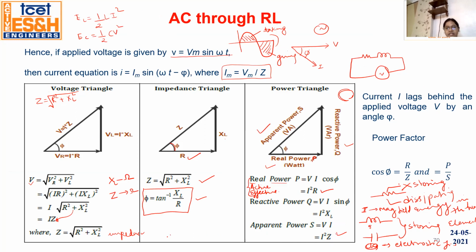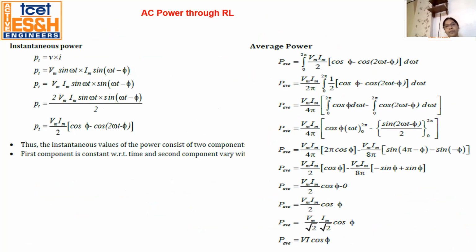So S square is equal to P square plus Q square. This is the resultant total power. So these are the three cases for the AC through RL.